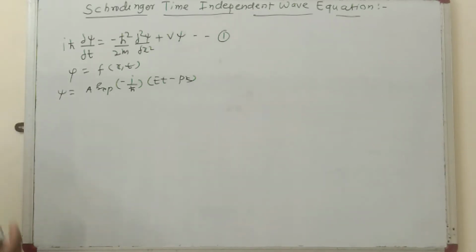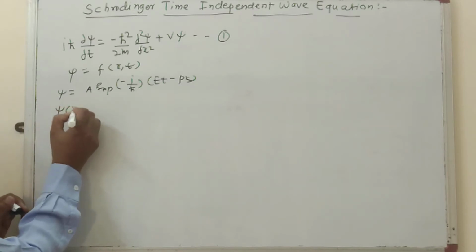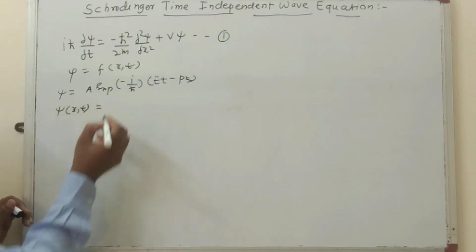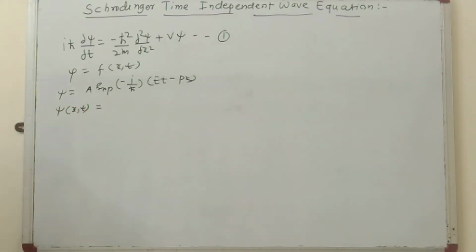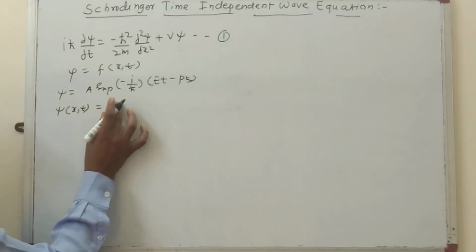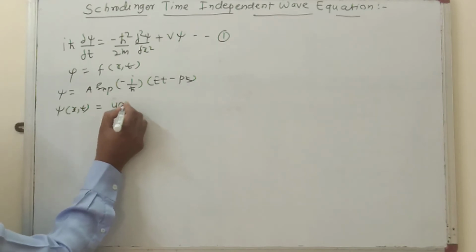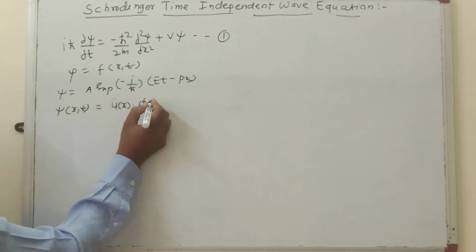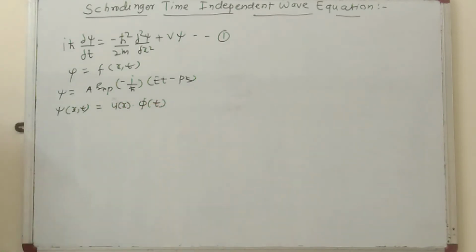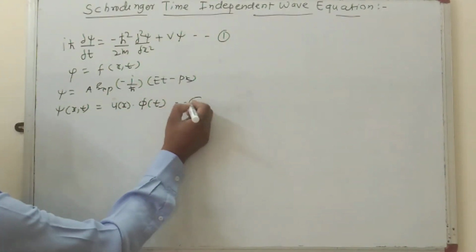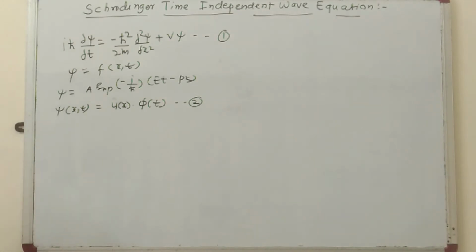For finding the time independent wave equation, since ψ is a function of x and t, we separate it: u is a function of x and φ is a function of t. That means ψ = uφ.